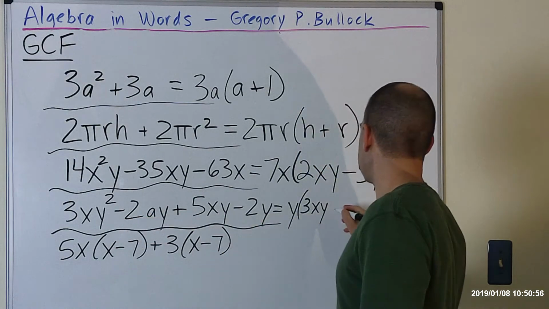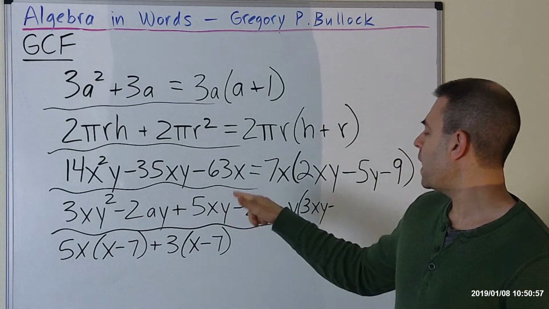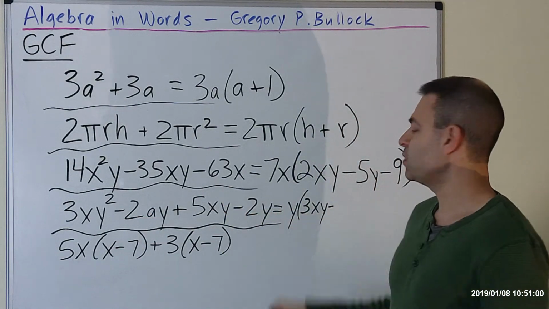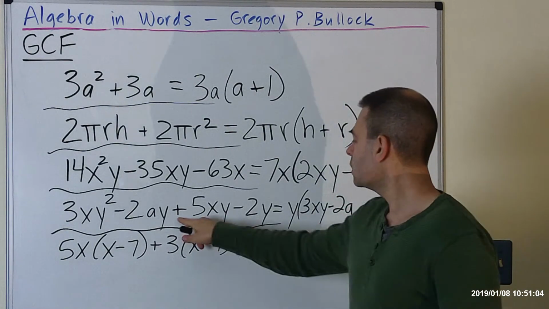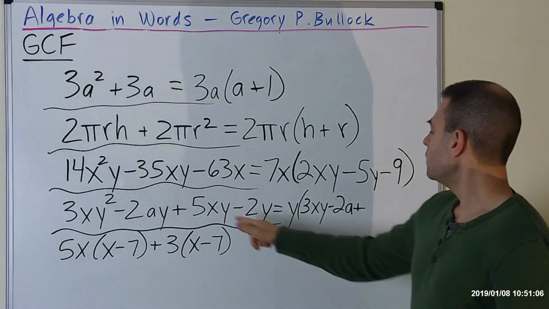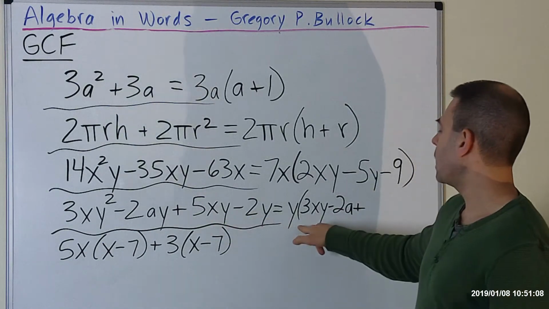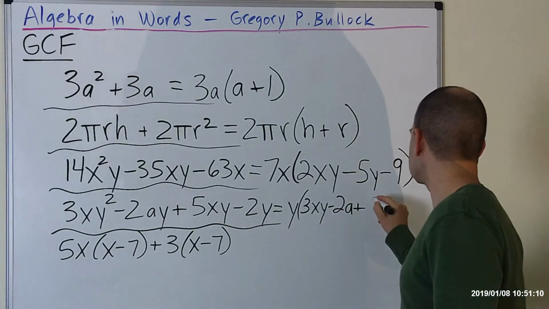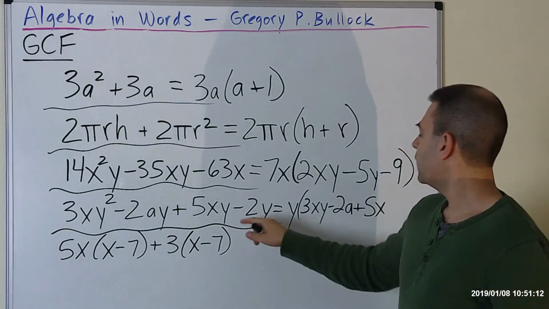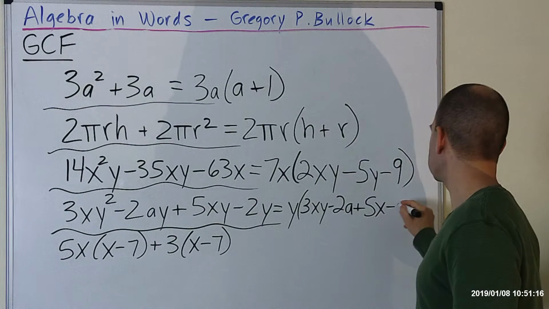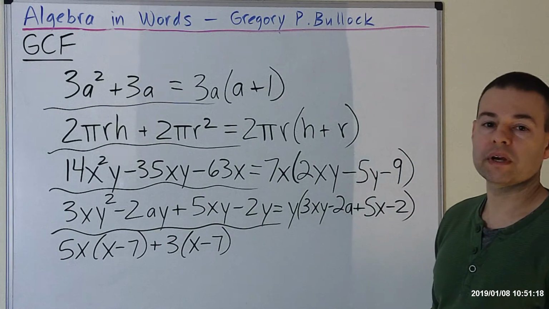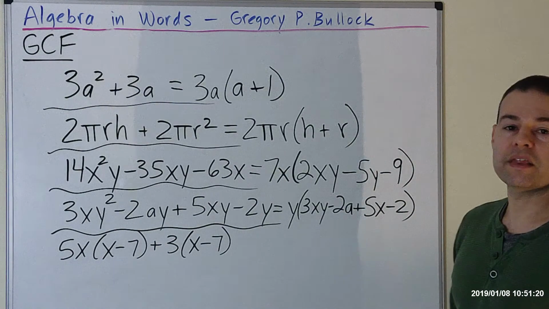Keep the next sign, which is minus. 2ay divided by y is going to be 2a. Keep the sign. 5xy divided by y is 5x. And negative 2y divided by y is negative 2, minus 2. And close the parentheses. And that's the end of that problem.